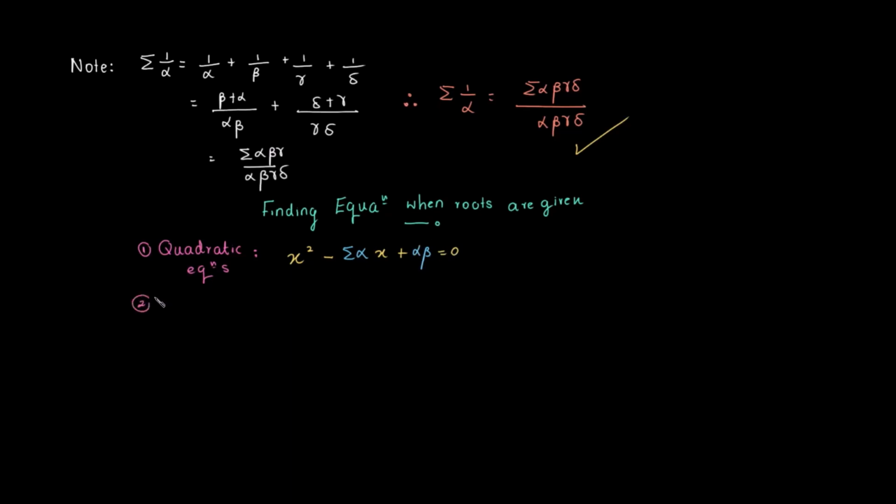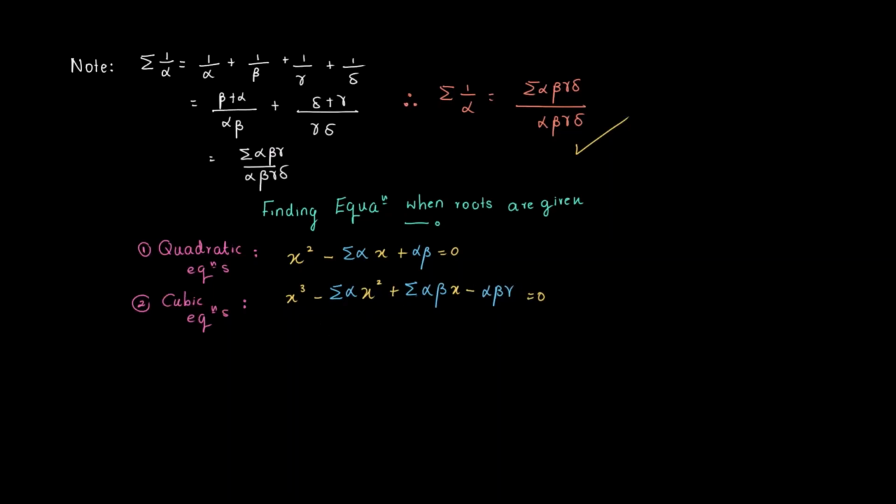And for cubic equations, the generic form is x cubed minus sigma alpha x squared plus sigma alpha beta x minus alpha beta gamma is equal to 0.